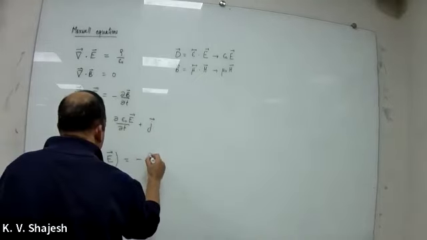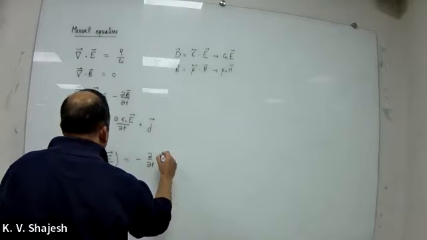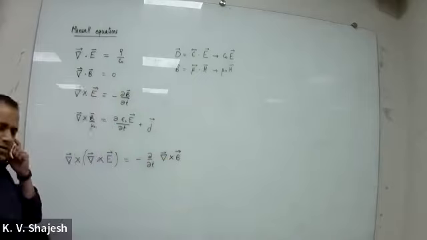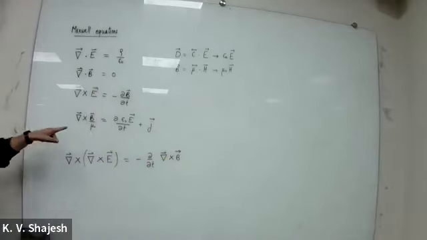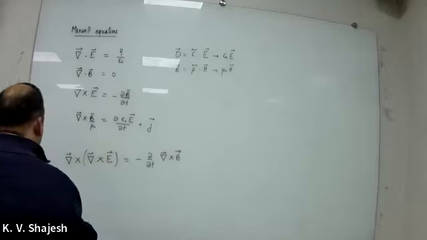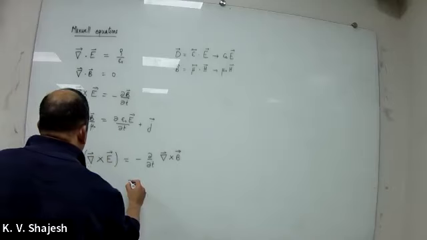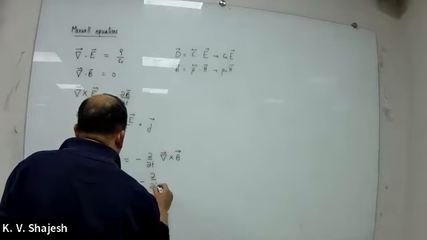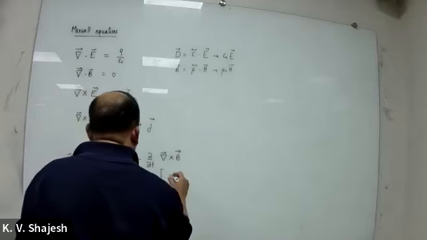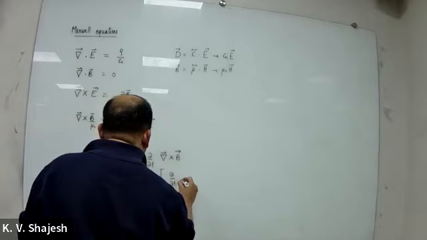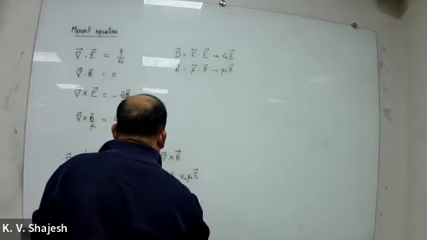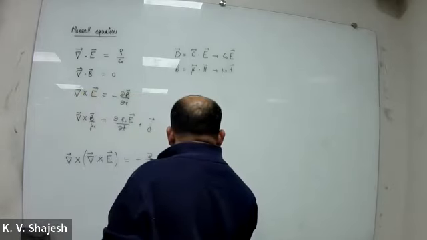So I can write this as curl of B. But the curl of B, substitute using the fourth equation there. And what I have is d by dt of epsilon naught mu naught electric field, and I have a mu naught times J also.